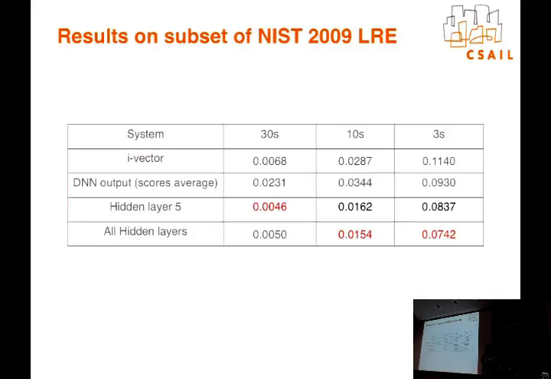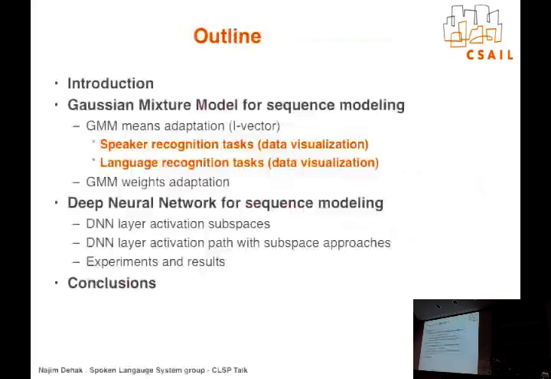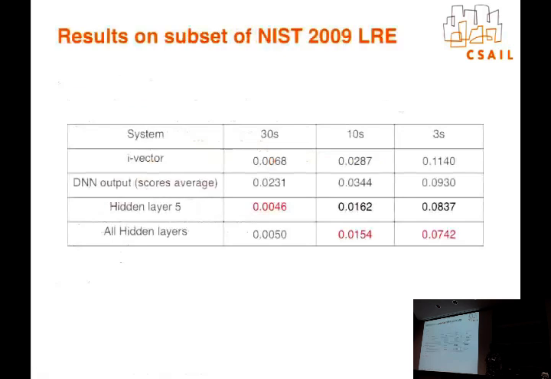Najim, if I may. What you're saying is that when people first started using DNN, they were simply using the output layer activation as some kind of classification score, like a probability, and they did classification with that. So if you go one step further and say, let's not worry about the output layer, let's take a bottleneck layer inside and think of that as a representation or as a feature extraction.